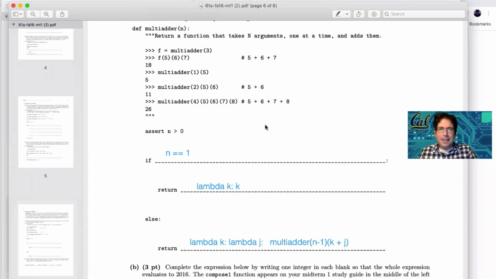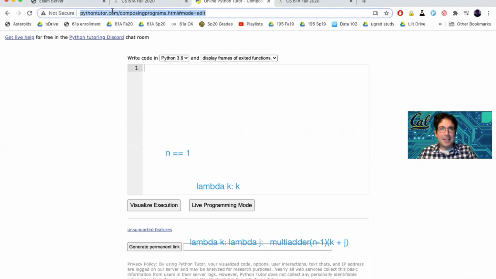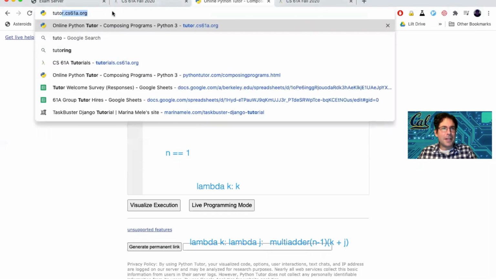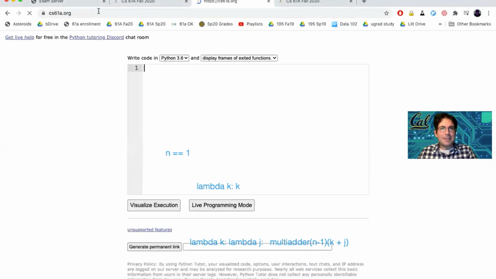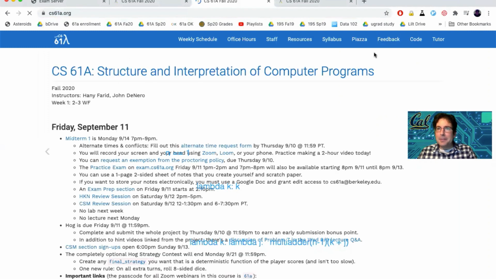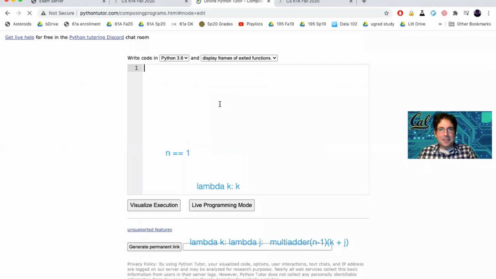But anything you want to do, you could just do in Tutor. So if you want to run examples, this is what I would recommend: run them in this site, which is in scope, and you get there at tutor.cs618.org, or by going to cs618.org and clicking on the tutor button. If you want to test things out, there's really no good reason why you wouldn't do it here.